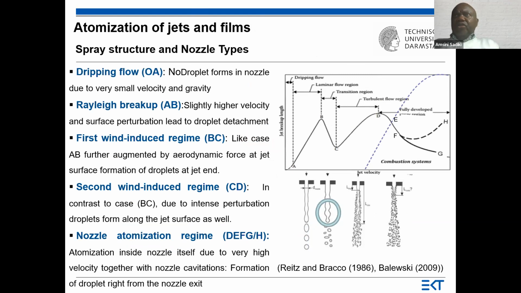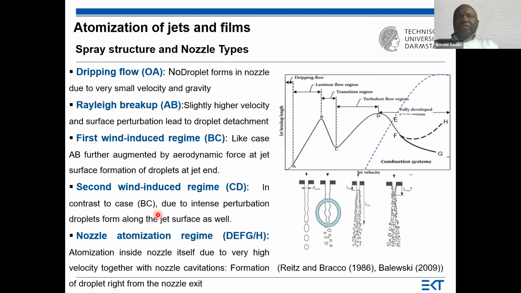So the primary, the first, is the first wind-induced regime. This means that we have the higher velocity, and we have surface perturbation, which leads to droplet detachment. If we have augmentation of this phenomenon by aerodynamic force, then we have the first one.